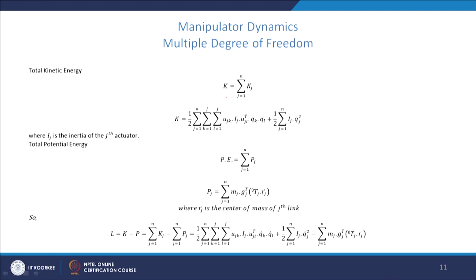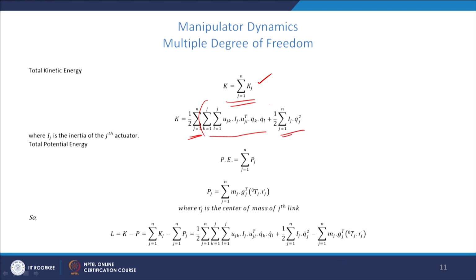Now the total kinetic energy is the summation of all kinetic energies for the link 1 to n. So we can simply write that the kinetic energy for the jth link is this, and we are summing up for j equal to 1 to n, for all the links, and the next two summations give the formula which we have given, the kinetic energy of the jth link.